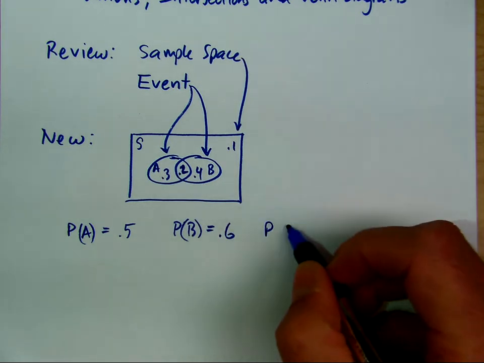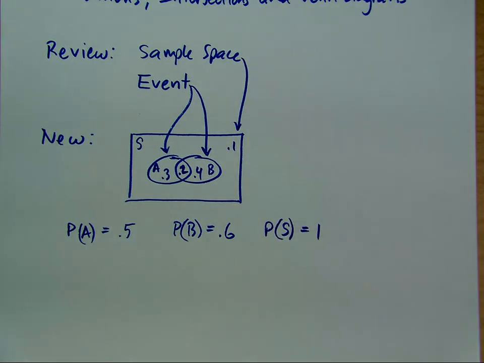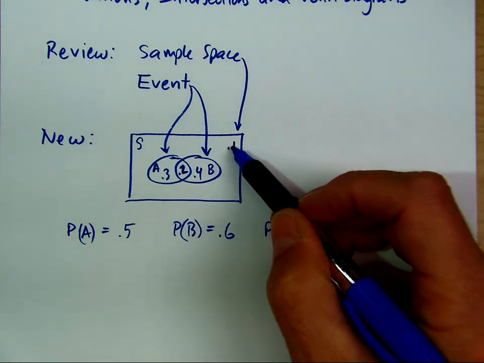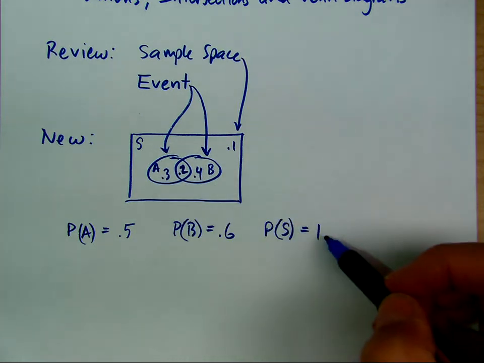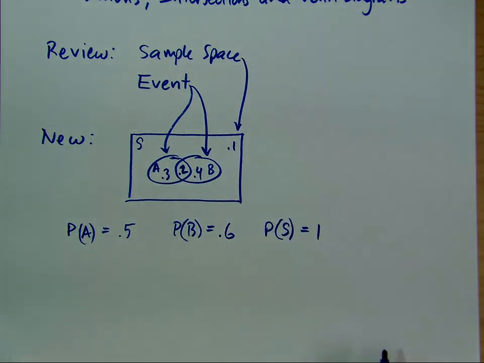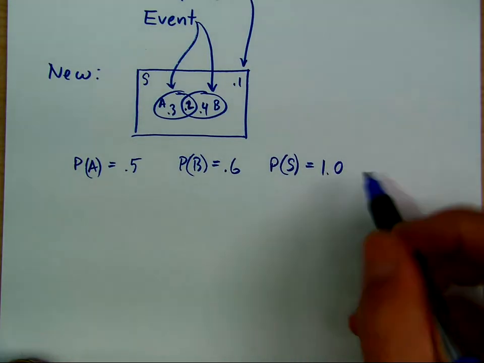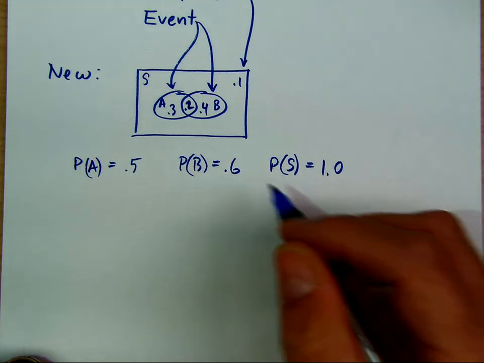And the probability of something in the sample space is 1 because the total area is 1, and we could add up 0.1 plus 0.4 plus 0.2 plus 0.3. They all have to add up to 1. Emphasize that it is not a decimal like these. It's not less than 1.